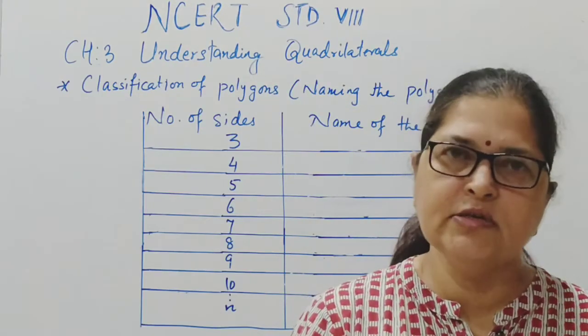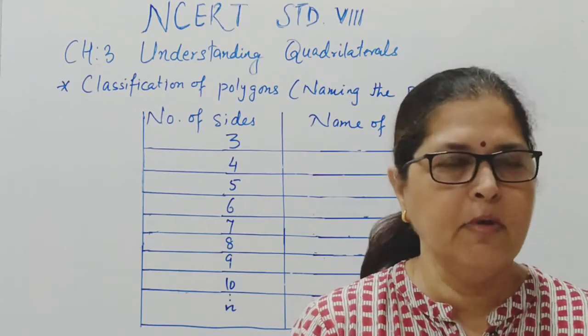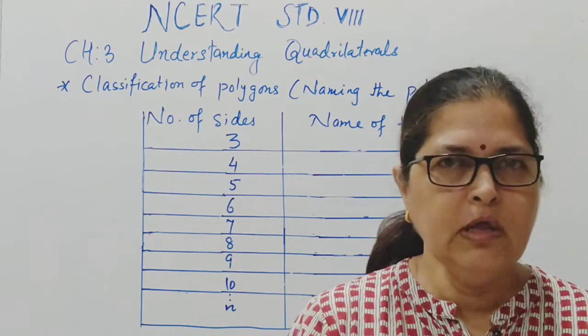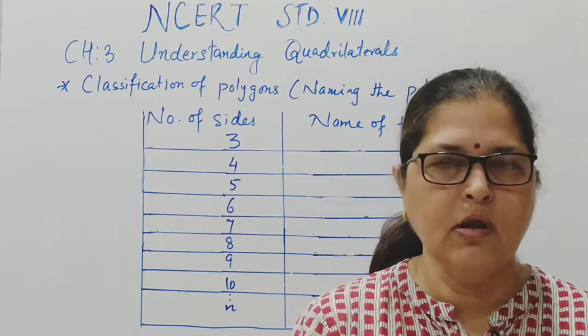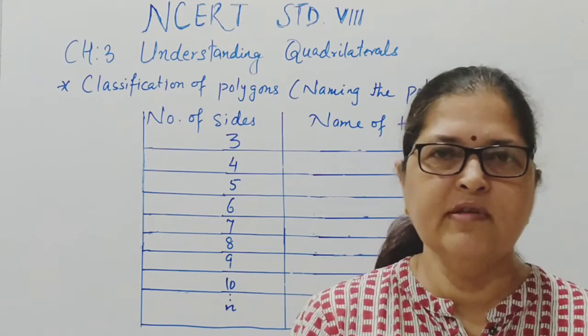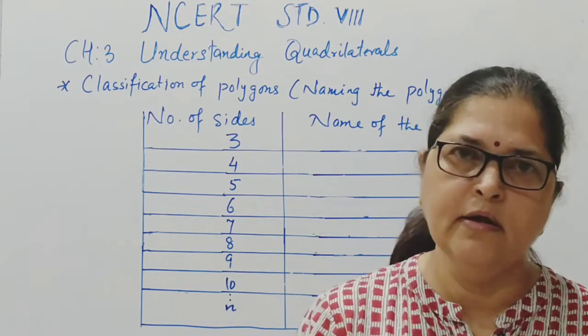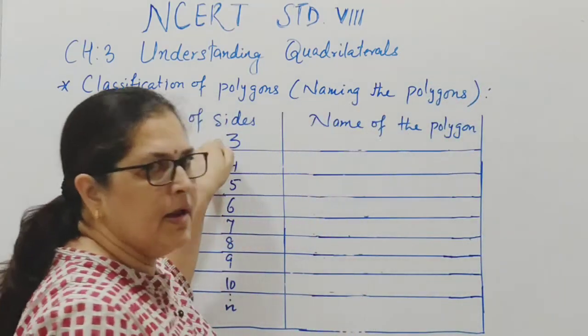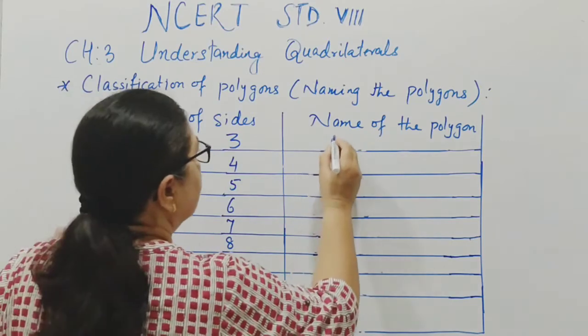Next is classification of polygons, that is naming of polygons on the basis of number of sides they have. We know that the smallest possible polygon can be formed with the help of three sides. So we will start naming from three-sided polygon. So three-sided polygon is named as triangle.